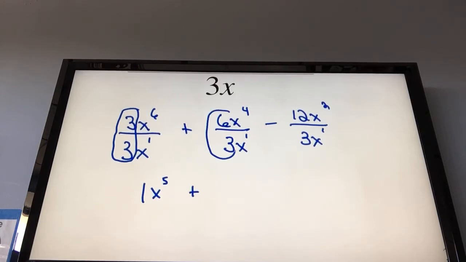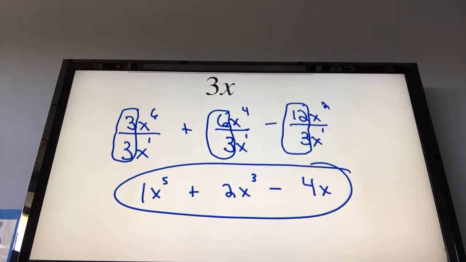Plus 6 over 3 is 2. 4 minus 1 is x to the 3rd in the numerator. Minus 12 divided by 3 is 4. 2 minus 1 leaves me x to the 1 in the numerator because 2 is bigger than 1. That's my answer.